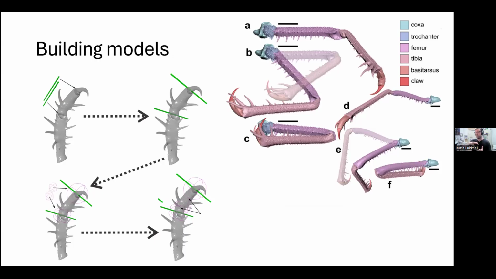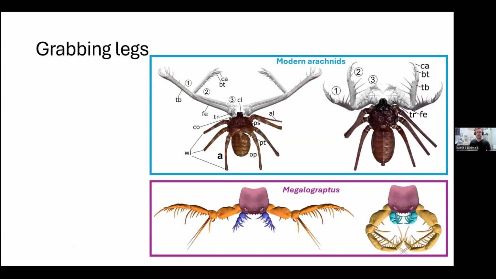And then we can set them up to rotate or move relative to each other. And when you do that, what you see is some really, really cool results. Our sea scorpion, our whip scorpions and whip spiders, our modern arachnids over here, form a very, very similar capture basket to our fossil animals, or at least how we think our fossil animals work.